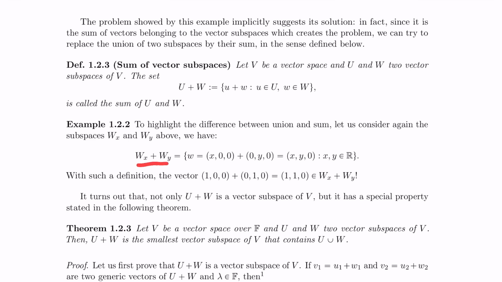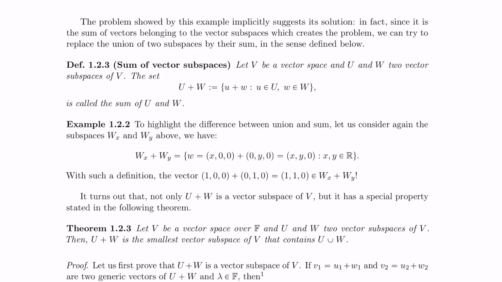Then their sum is given by all the vectors W, which can be written as the sum of the generic vector of Wx and the generic vector of Wy, which is the vector with components x, y, 0, with x and y free to vary in R.